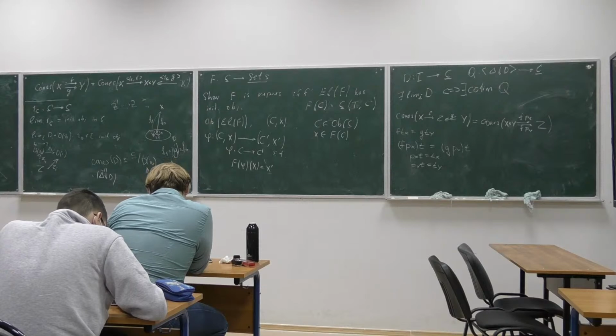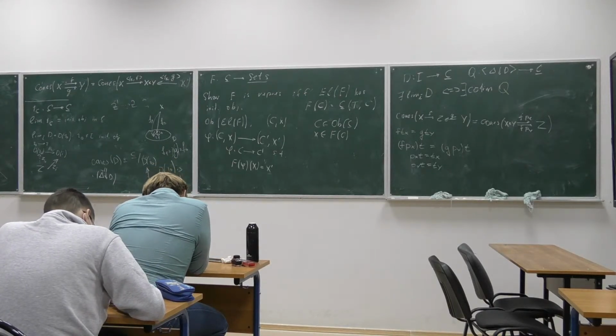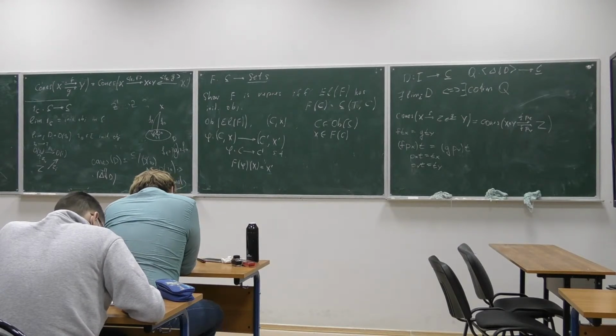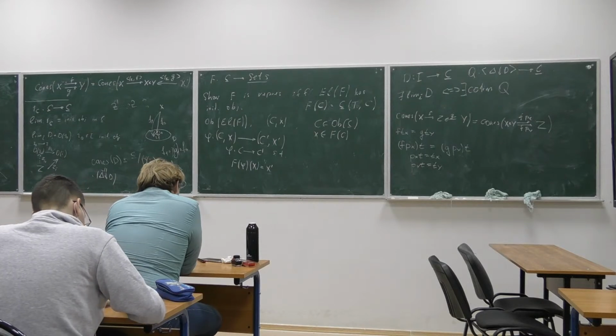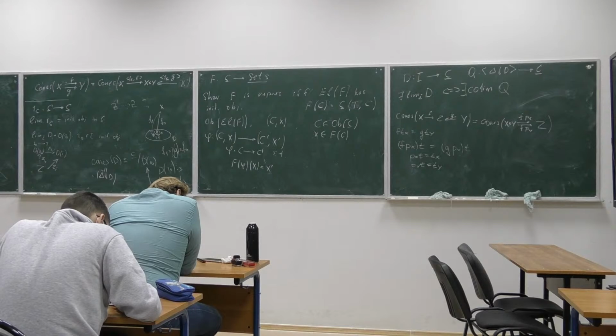Is there an analogous statement when we enrich a category not over sets but over something else? I think almost every statement of this kind has a version of it. Well, that depends on your category.